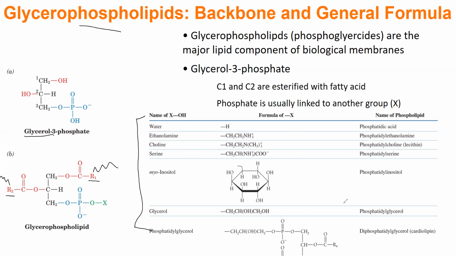It's going to be really helpful for us if we can learn to recognize the head groups and their names, because based on what the head group is, they have a different function in the plasma membrane. So make sure that if you see this inositol on our phospholipid, know that that's called phosphatidylinositol.